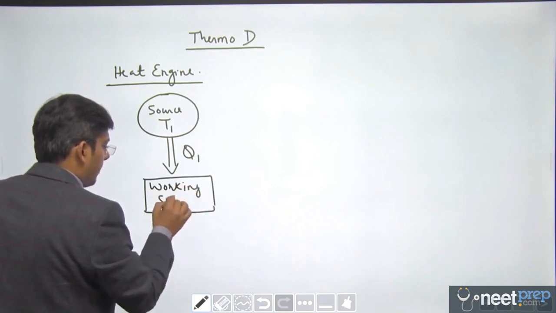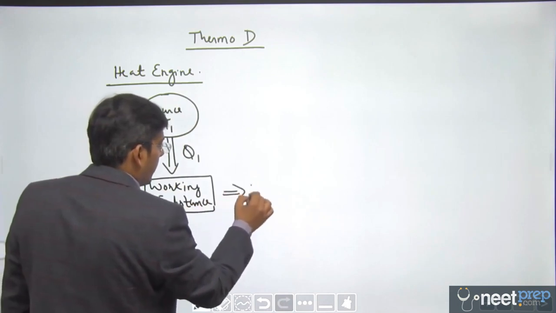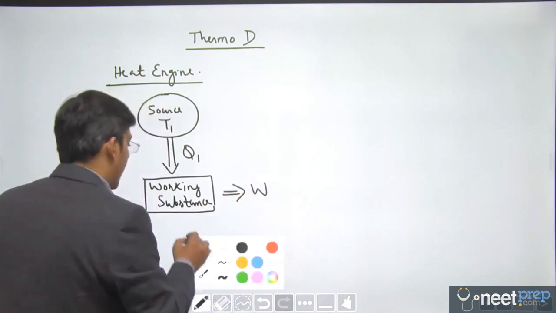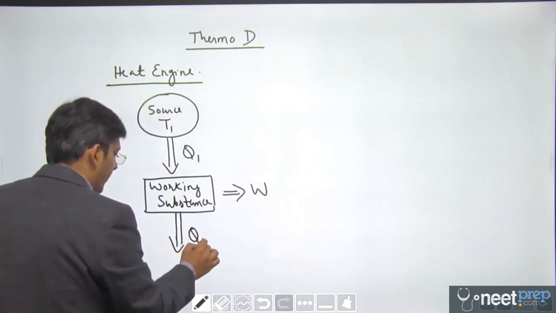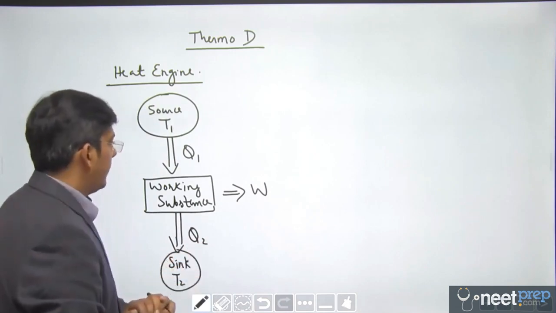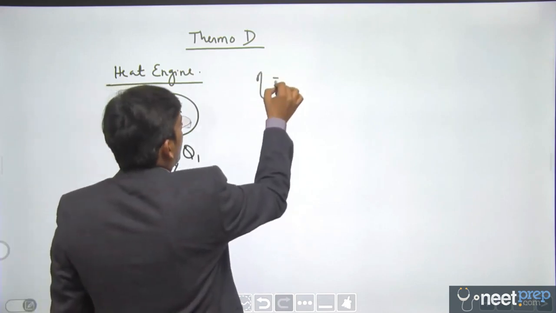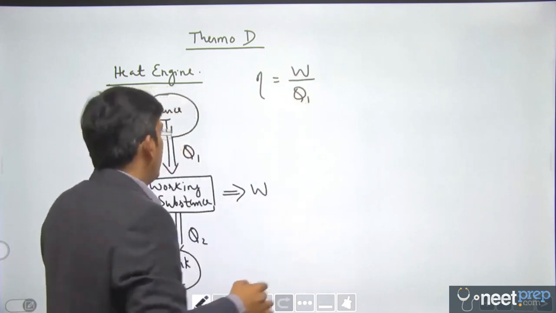It performs some work by absorbing heat Q1, and you know that it cannot convert 100% of heat into mechanical work, which is actually the second law of thermodynamics, and it returns the heat Q2 to the sink, which is at lower temperature T2, or you can say which is actually the surrounding in this case, right? So efficiency is basically work done divided by the initial heat taken, right?